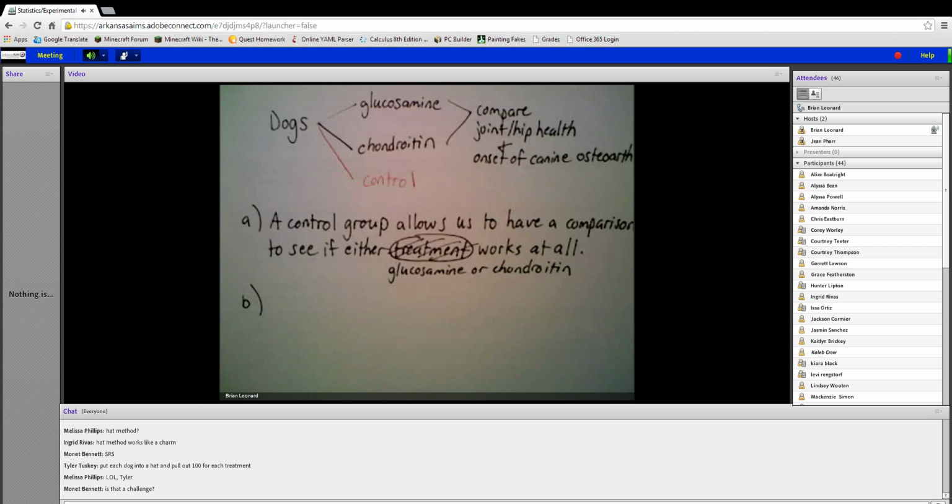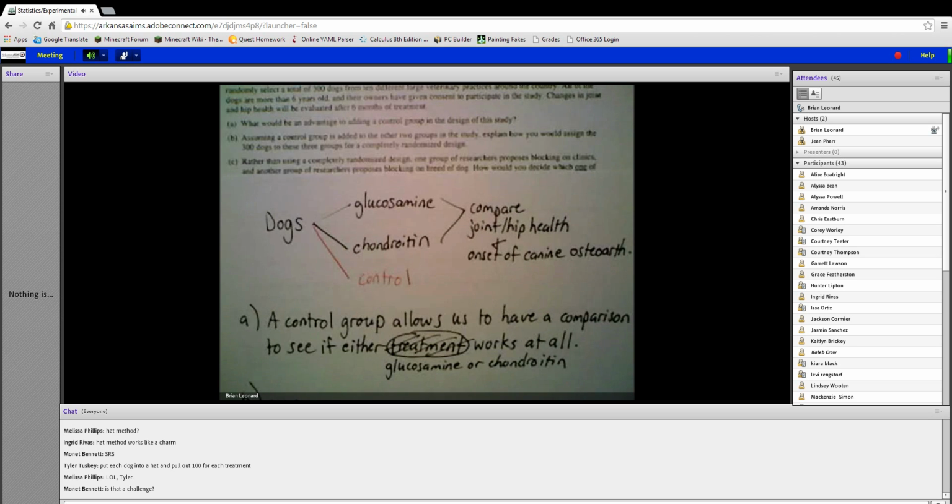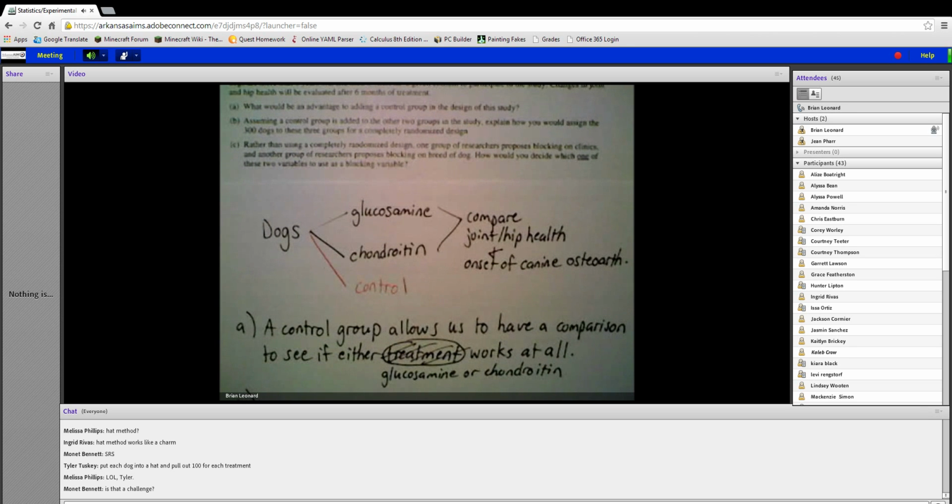I'm not going to write all that down. I think we're all pretty good with the hat method. The only reason I steer students away from the random number table is you tend to leave out some detail, and the graders will get you all the time for that. So it's a little easier to just pull them out of a hat.